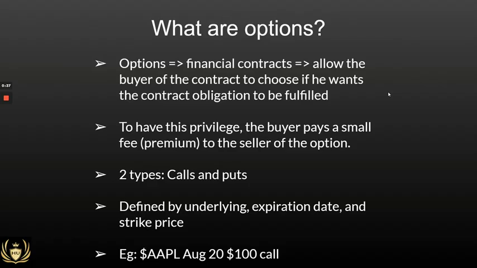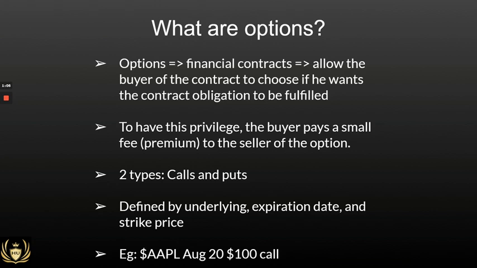Alright, so let's begin. What are options? Well, as the name suggests, they are financial contracts that allow the buyer of the contract to choose if he wants the contract obligation to be fulfilled. What does that mean? It means that when the time comes for the contract obligations to take place, the buyer has the option to go forward with it or not.